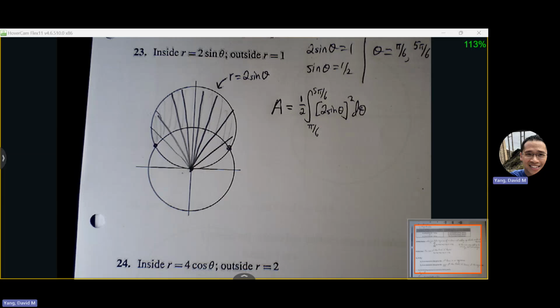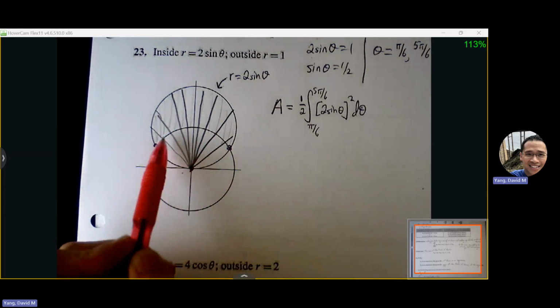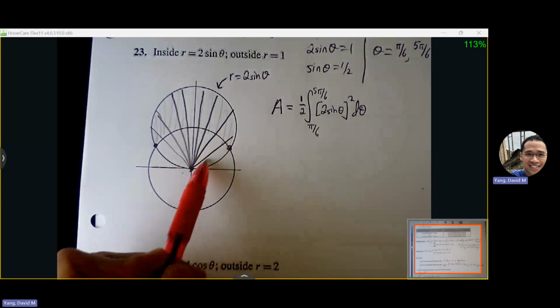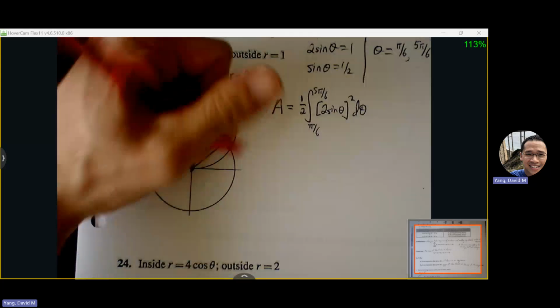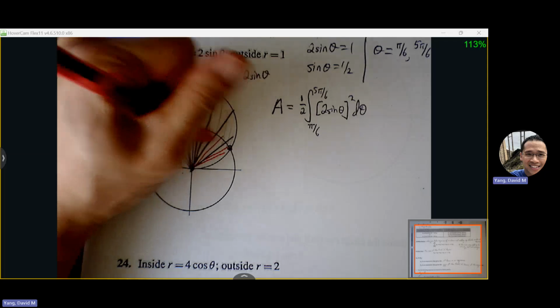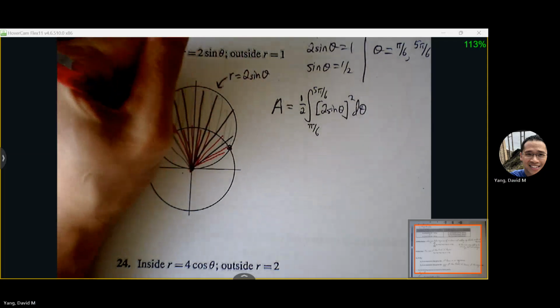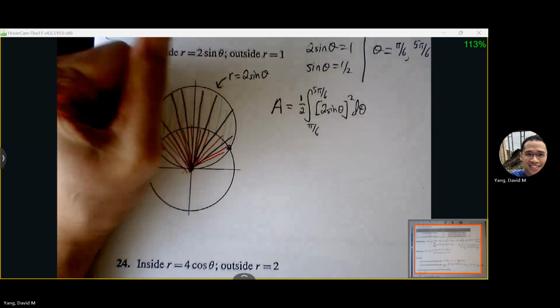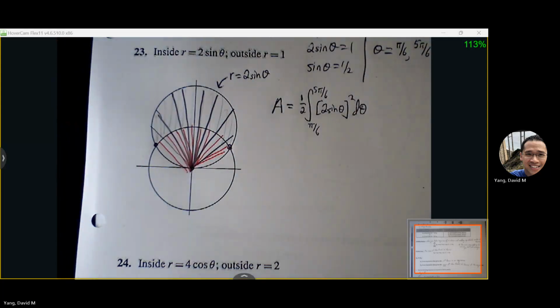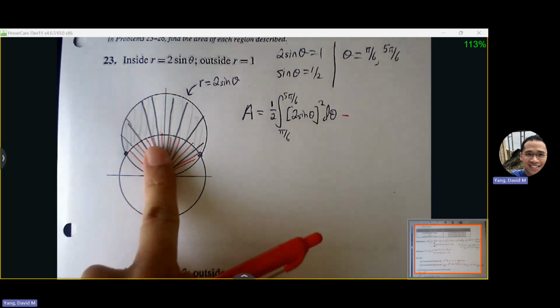But that's not what we want, right? We want to subtract out the portion that is part of this lower circle. So let me indicate in red what I want to remove. I want to remove all that area. So I want to subtract this region.